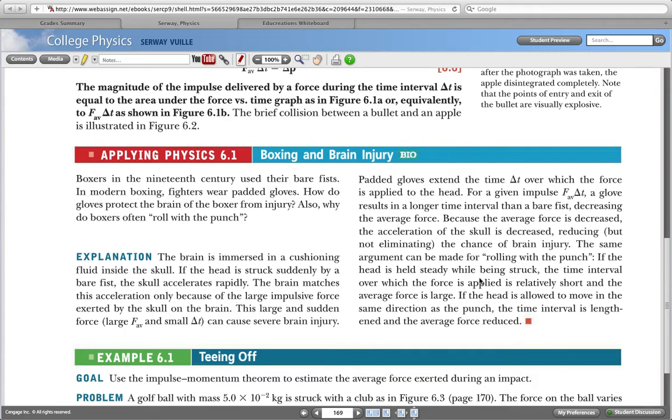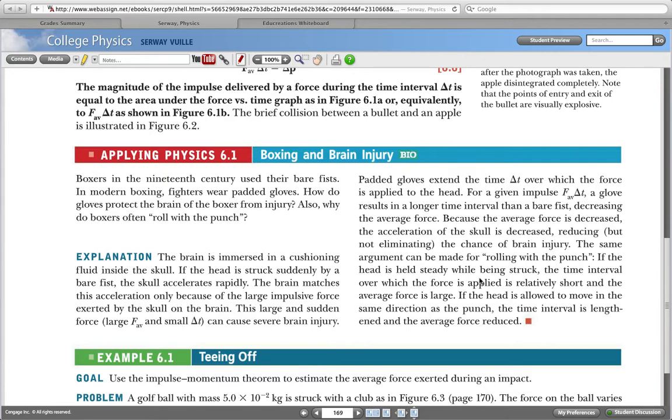The same impulse is imparted to the head when you punch with the gloves on, except since the gloves are padded and it takes a while to compress that padding and for it to decompress, that time gets longer, and with the same amount of impulse, the same change in momentum, you get a smaller force.